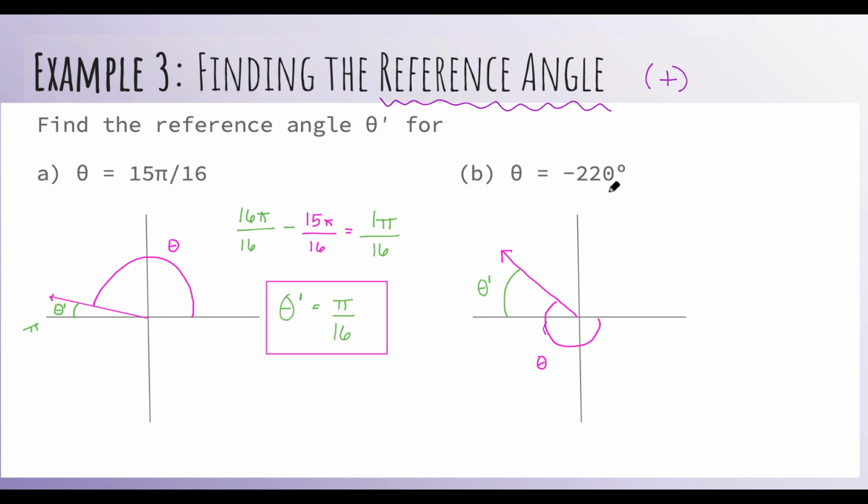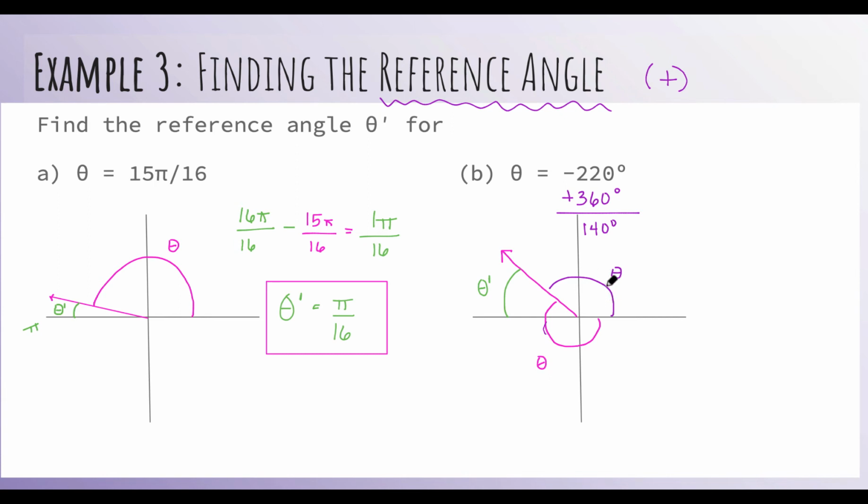Pause the video, come up with a positive coterminal angle for theta. Okay, hopefully you came up with plus 360 degrees. So the positive coterminal angle for this is 140 degrees.